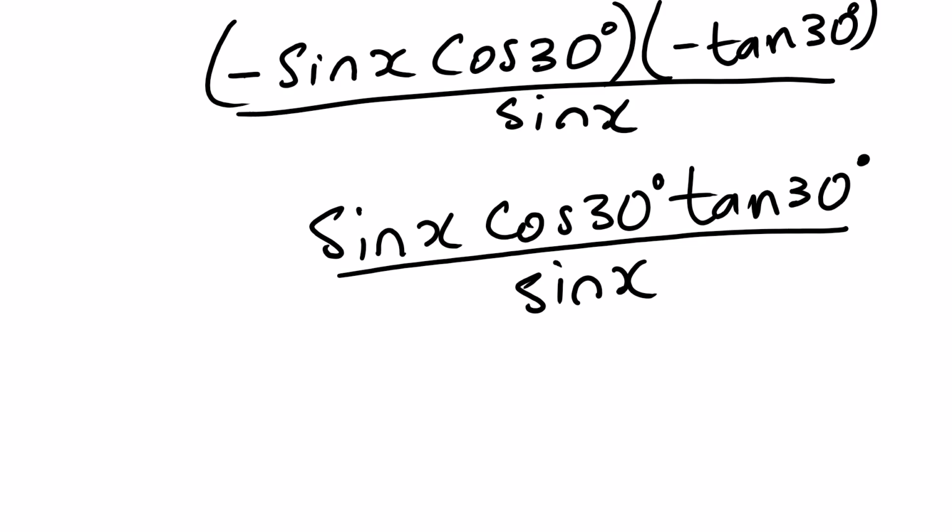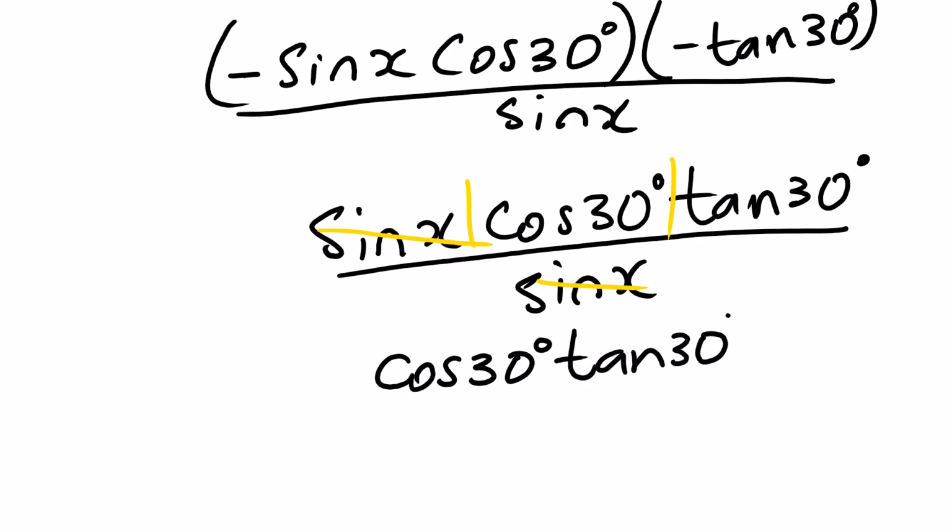From here, since we don't have plus or minus in between, this can get rid of this, and then we are left with cos 30 degrees multiplied by tan 30 degrees.